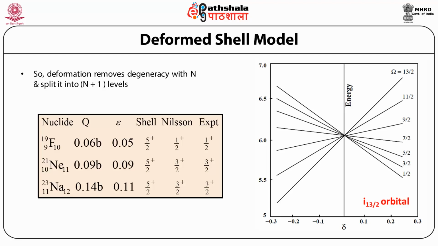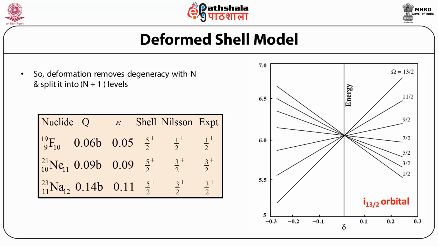Again, for the case of 23 sodium, which has 11 protons and 12 neutrons, the quadrupole moment is 0.14 barn, deformation is 0.11. The shell model predicted ground state spin and parity is 5/2 plus. The Nielsen model predicted value is 3/2 plus and the experimentally observed value is 3/2 plus. So, in all three cases, we see that the experimental observations match the Nielsen prediction rather than the shell model prediction.